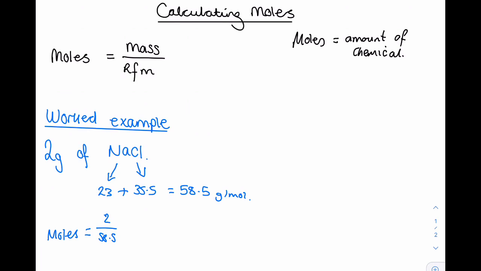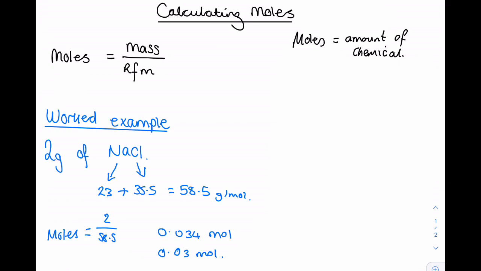So if you put that in your calculator, you'd get 0.034 moles. This is just mol, which is how you show moles. If it was asking for that in 2 decimal places, you would put 0.03, because that 4 doesn't round up, so you get 0.03 moles for 2 grams of NaCl.